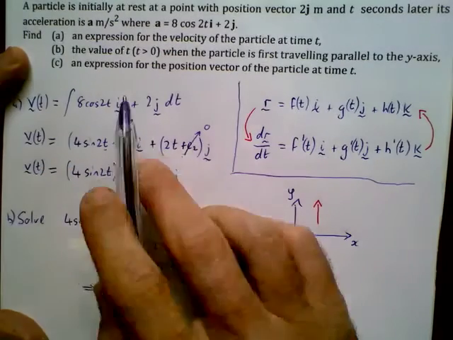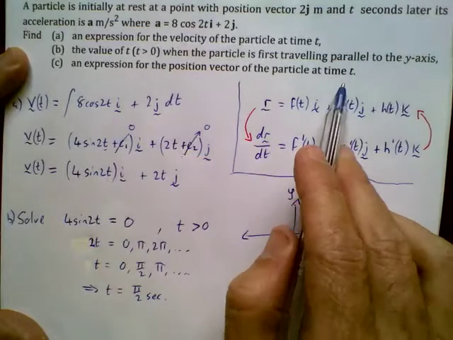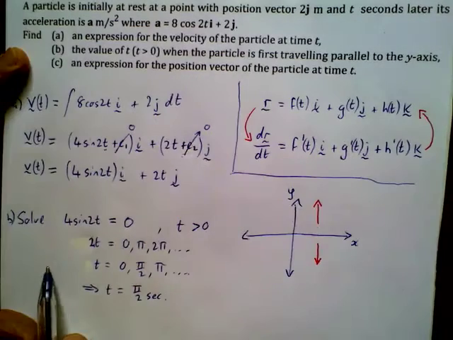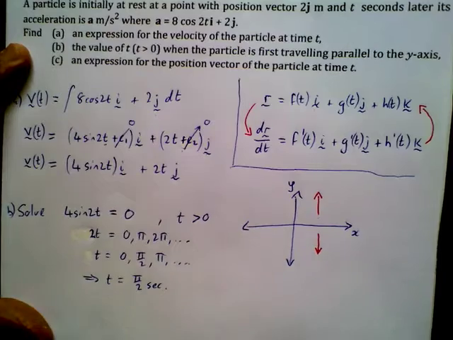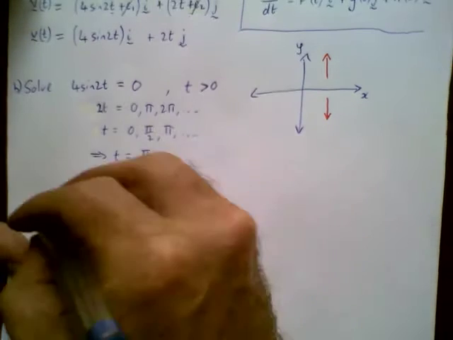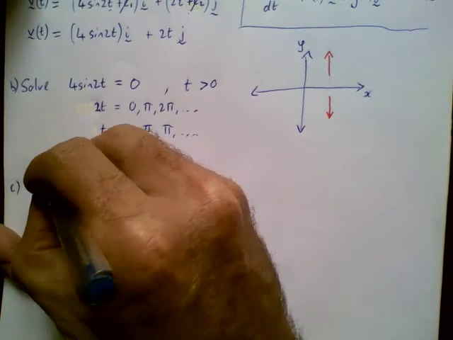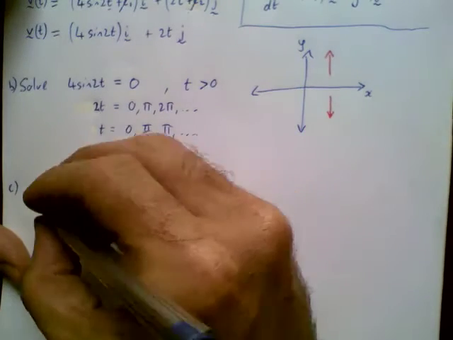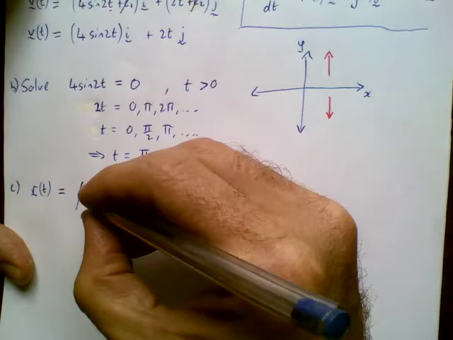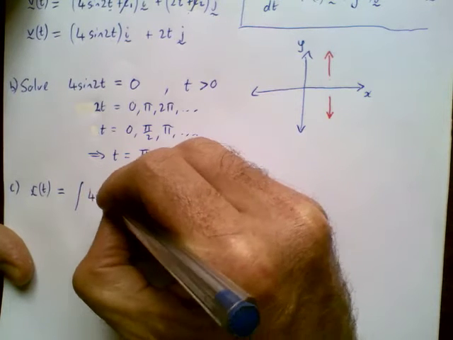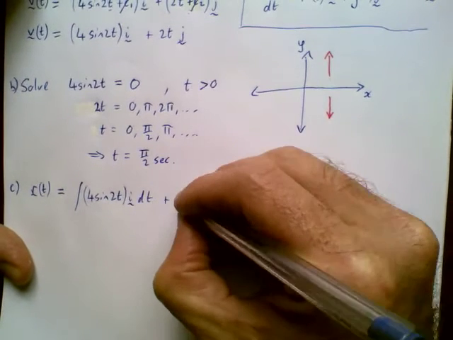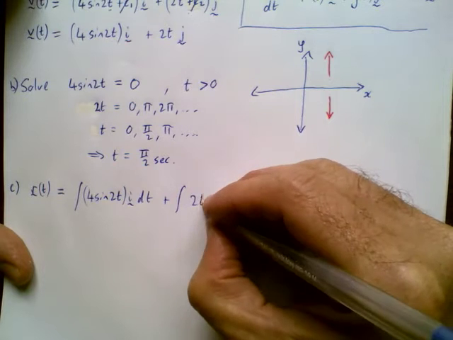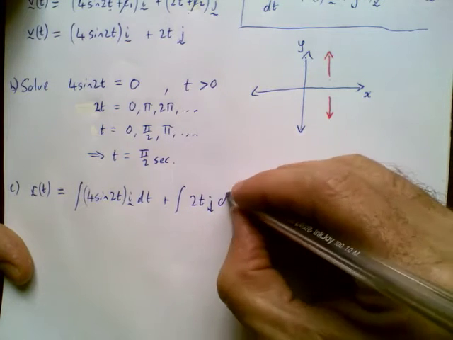And the final thing here, we want an expression for the position vector of the particle at time t. So we're going from the velocity vector here, and we want to integrate that to get our position vector. So our position vector r will just be the integral of both the i and the j component: the integral of 4 sine 2t i dt plus the integral of 2t j dt.